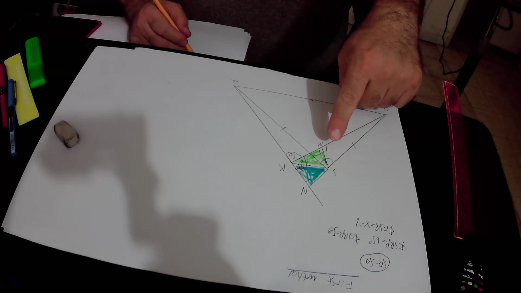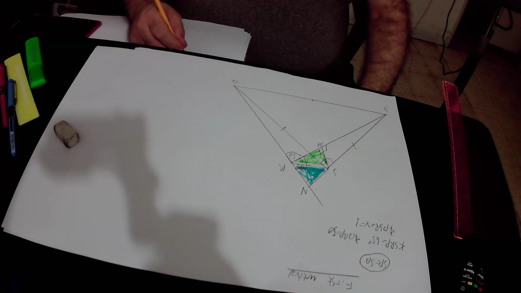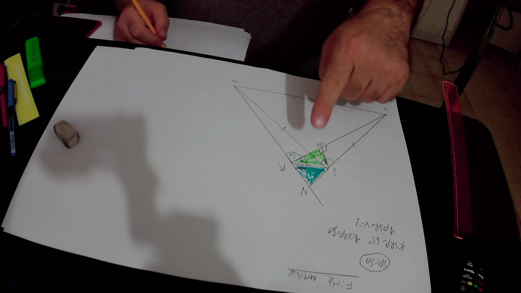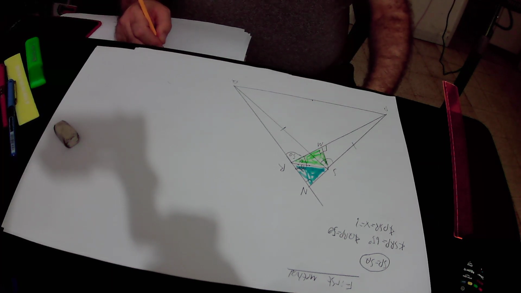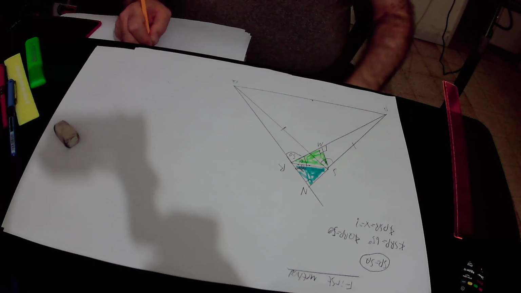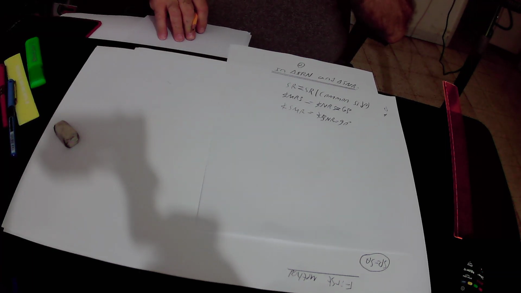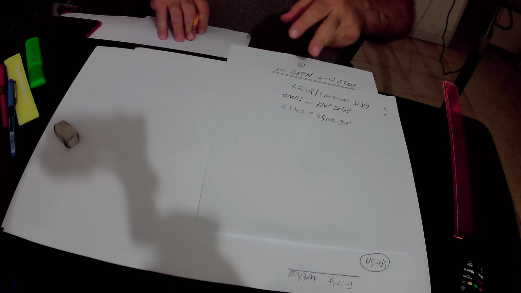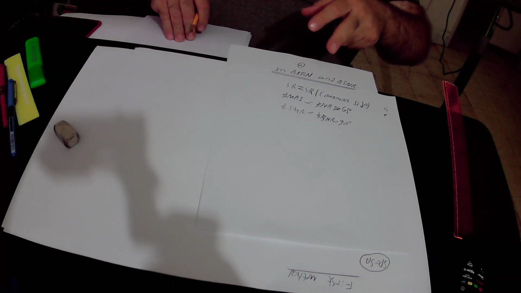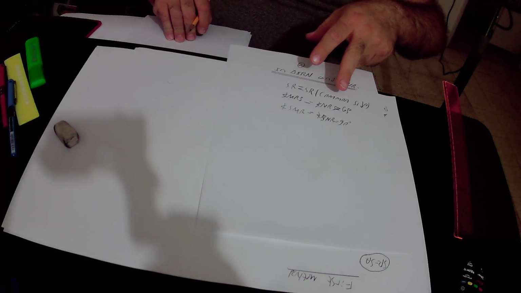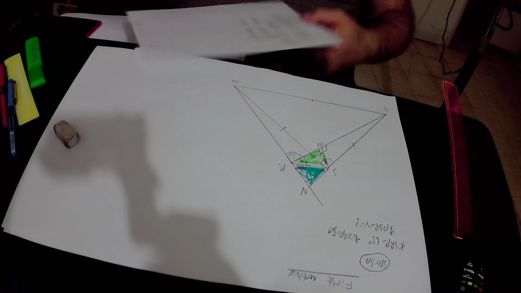So angle SMR in the green triangle is equal to angle SNR in the blue triangle, and both angles are equal to 90 degrees.